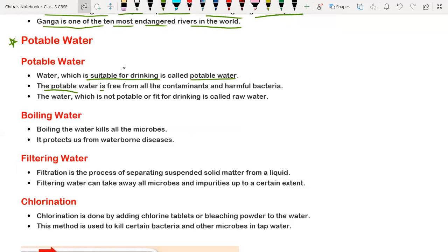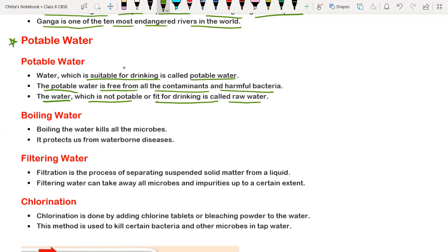Potable water is free from all contaminants and harmful bacteria, viruses, pathogens, etc. Water which is not fit for drinking is raw water. If such chemicals mix in the potable water, then the potable water percentage will reduce and there will be scarcity of water.